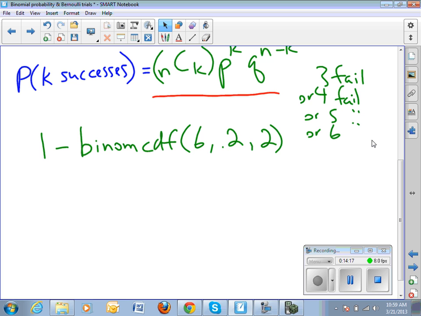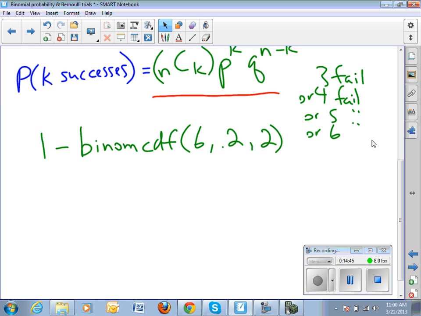If he's truly just guessing and really doesn't know the difference between the wines, probability 1/2. All right, so we want to know what's the probability that he will pass and be hired if he's just guessing. You might remember that he's going to pass and be hired if he's correct at least 6 out of 9 times.